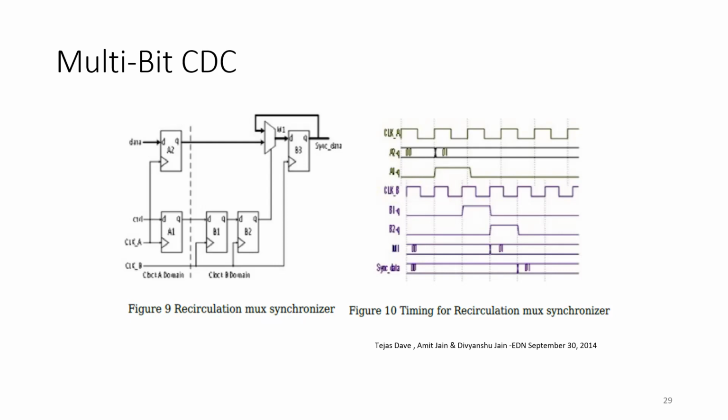What do we have in here? This is multi-bit CDC. This is the system with clock A, and this is the system of clock B. Here I have my data.